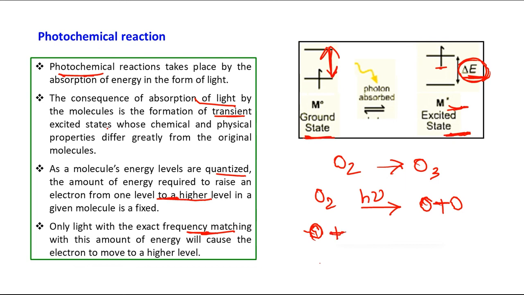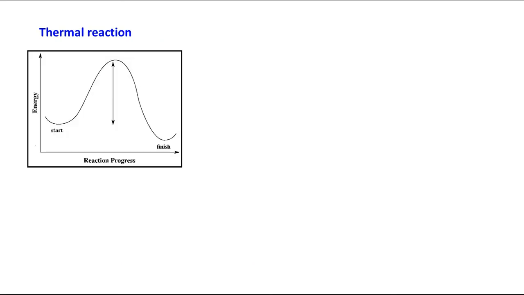This single oxygen can react with O2 and form an O3 molecule. So this is an example of how a photochemical reaction can take place through formation of an excited state, and for this formation of the excited state, absorption of energy in the form of light is necessary.